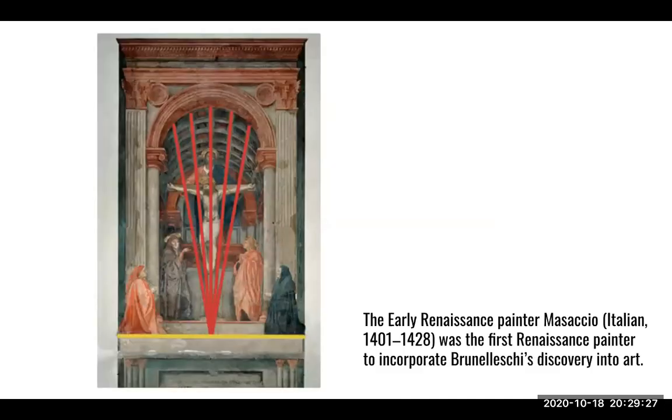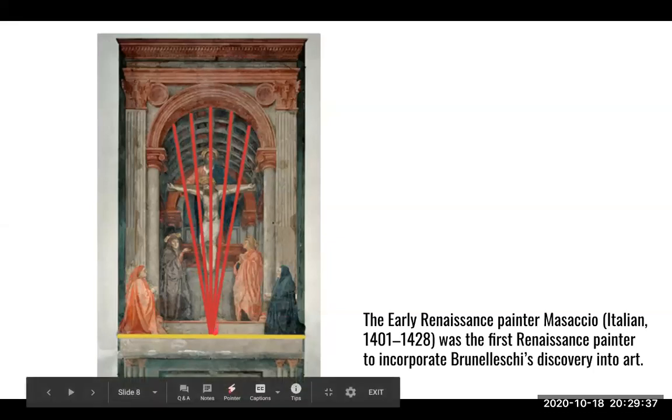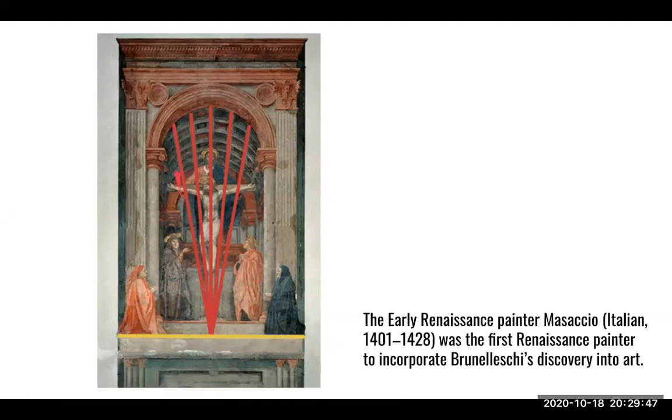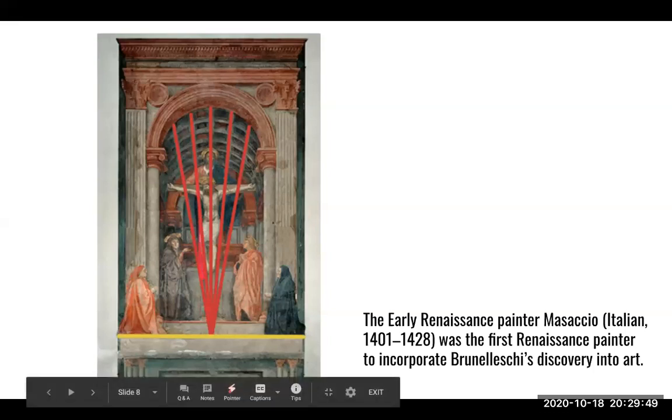So this is an example by the early Renaissance painter Masaccio. He's Italian. He was the first Renaissance painter to incorporate Brunelleschi's discovery into art. As you can see here, there's the vanishing point, which always exists on the horizon, and there are the converging diagonal lines coming down into the vanishing point here.